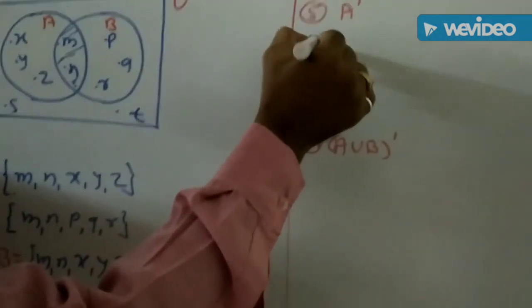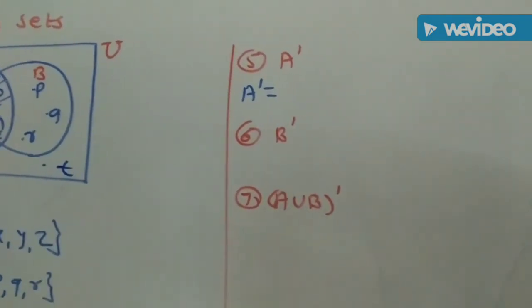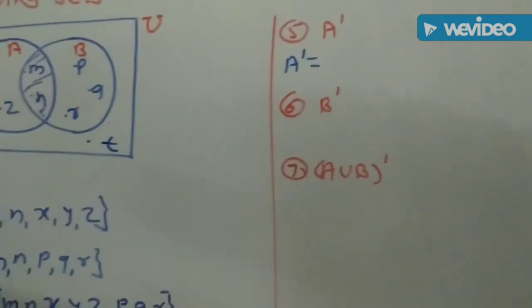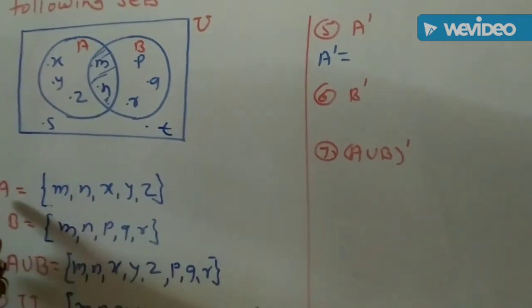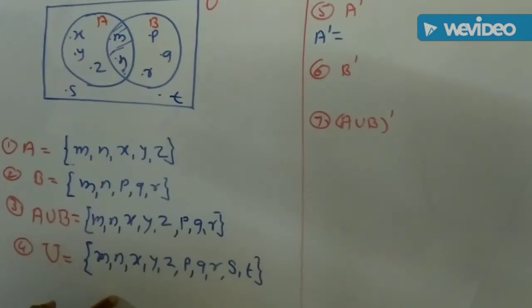Then the complement of set A. The complement of set A means the set of all the elements which are not in A but are in the universal set.